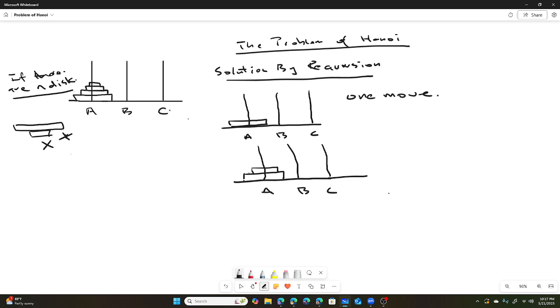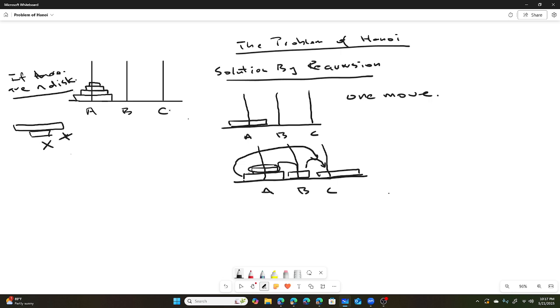I think the best way is to visualize it. This top disc right here, we can move it to pin B, right? And then we could move the larger disc to C, right? And then we can move this smaller disc on top to pin C.